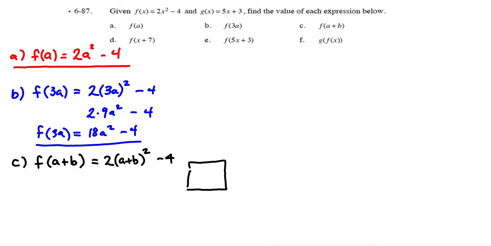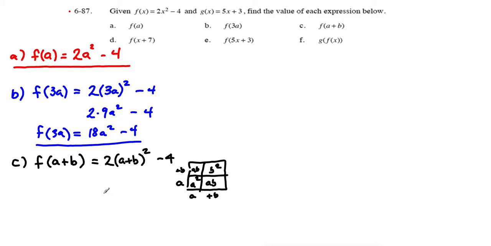Just for anybody who needs it, thinking about this part: we have a plus b, a plus b. So a times a is a squared, a times b is ab, a times b is ab, and then b times b is b squared.